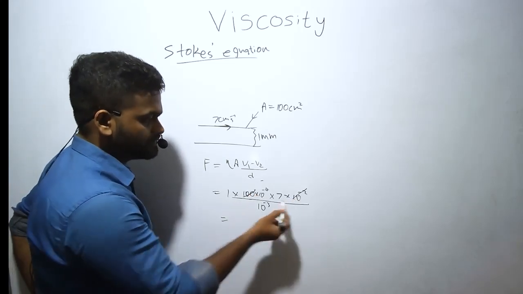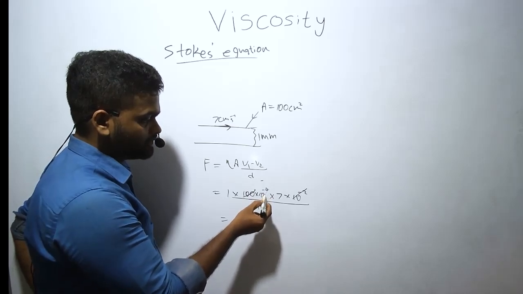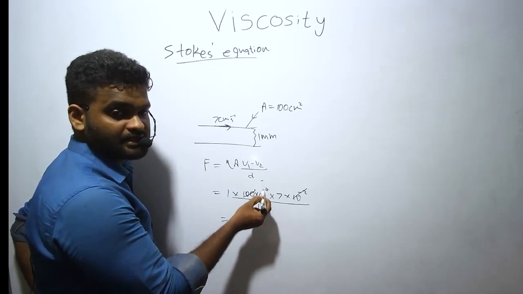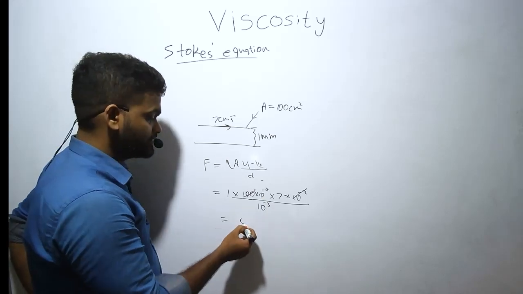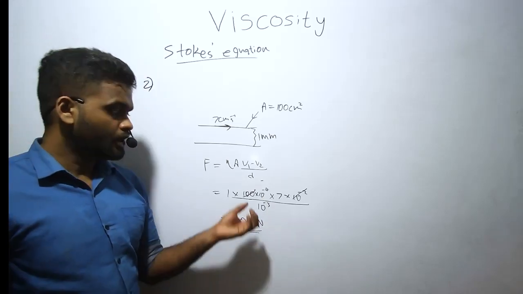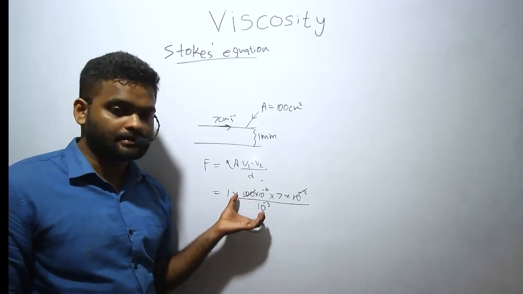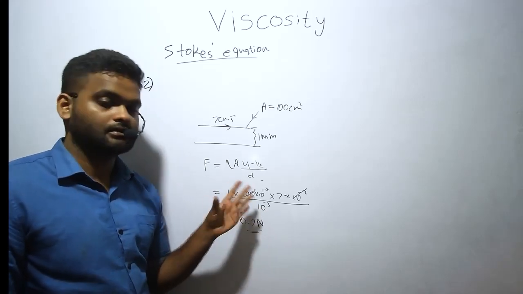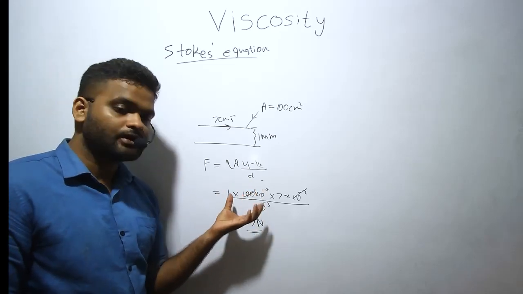This 100, 10 to the power minus 2 cancels off. This minus 4, this minus 3, minus 1, 7 times 10 to the power minus 1. So it is 0.7 Newton. You have to do the simplifications simply, right? Don't complicate the simplifications. Always look for an easy way to do the simplification.